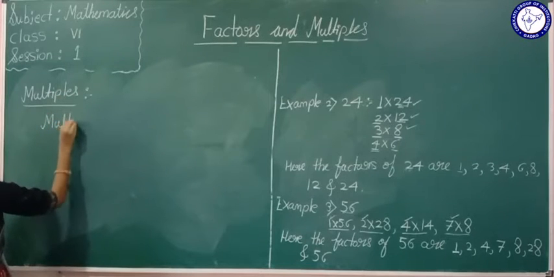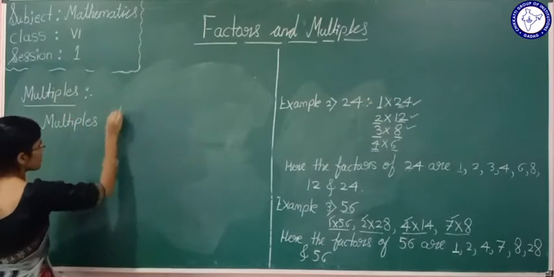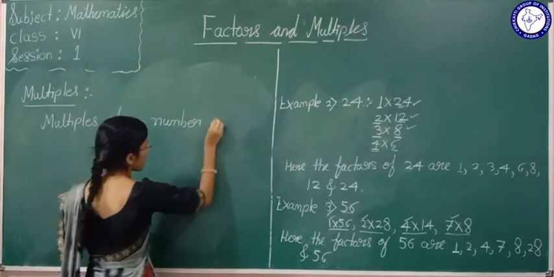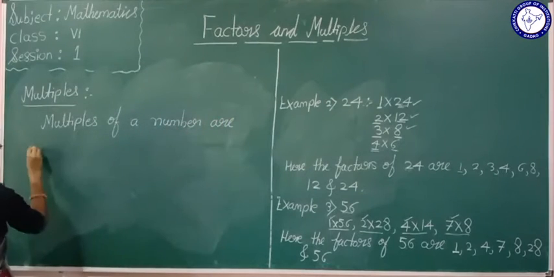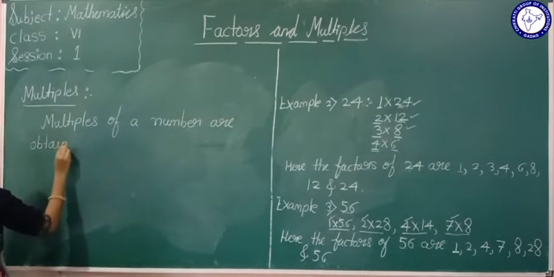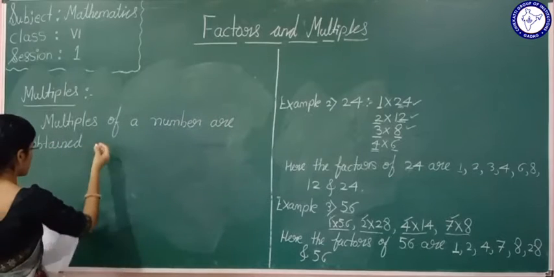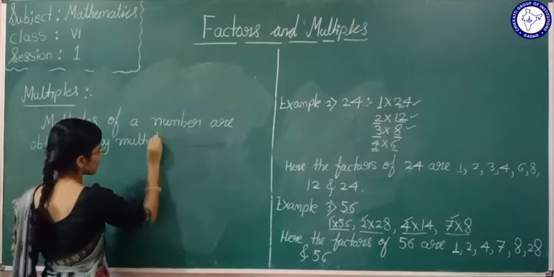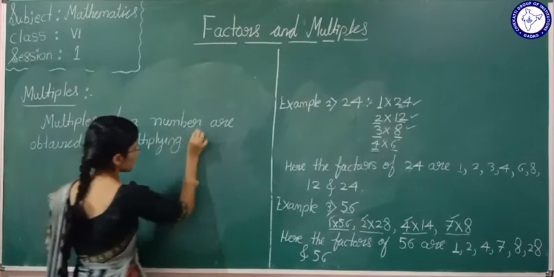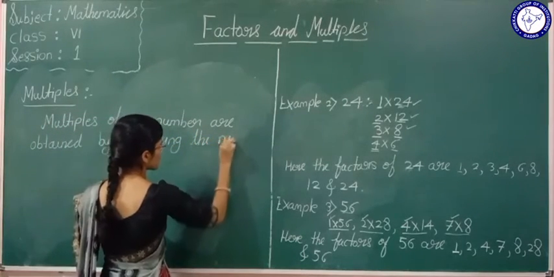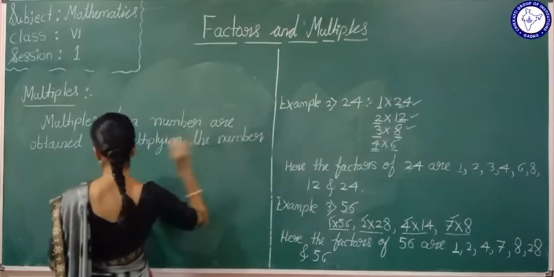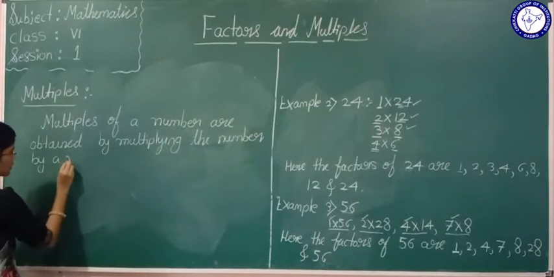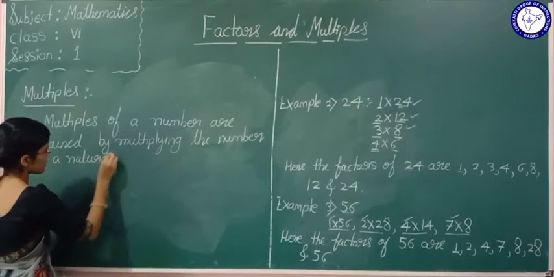Multiples of a number are obtained by multiplying the number by a natural number.